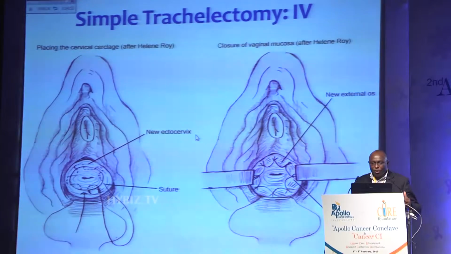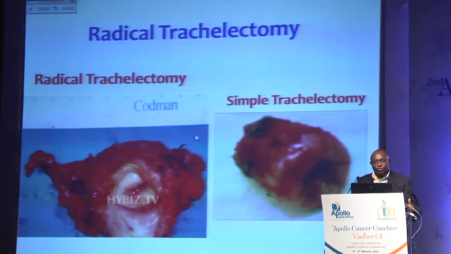So this is what one will do in a simple trachelectomy. But once the disease is beginning to extend beyond just stage 1A1, 1A2 disease, up to stage 1B1 disease, one will offer the patient a radical trachelectomy.